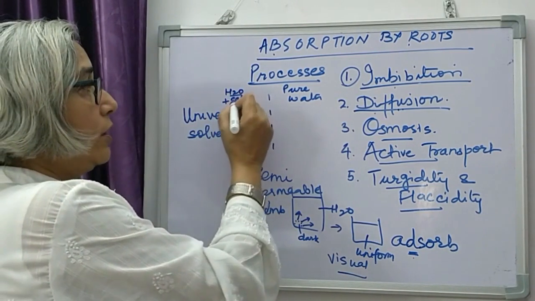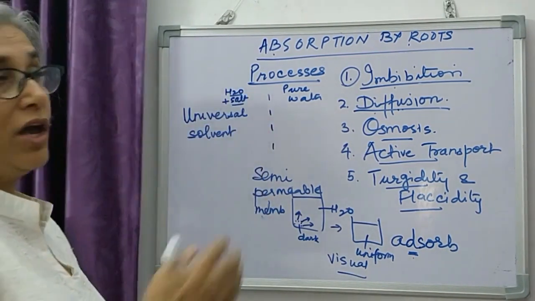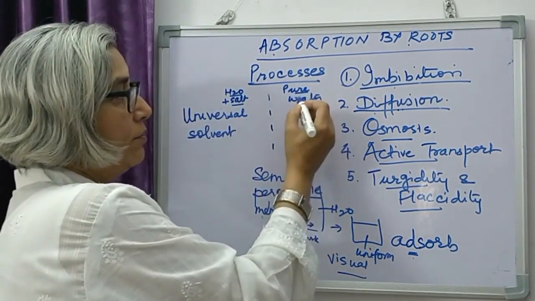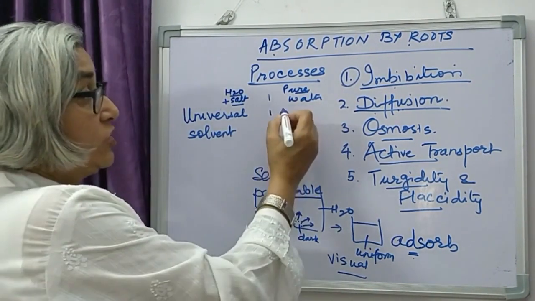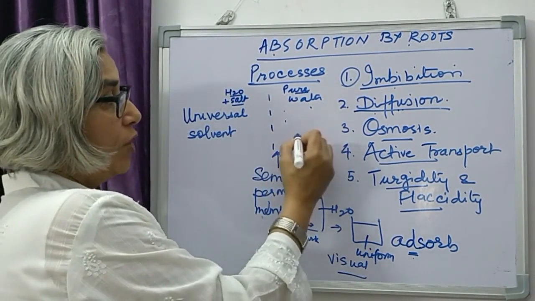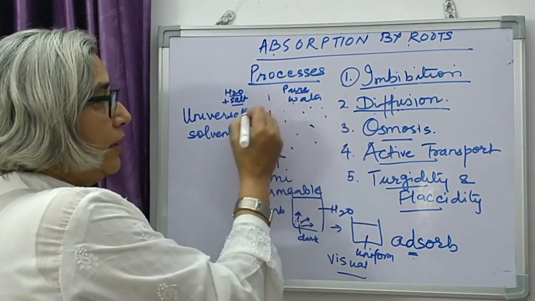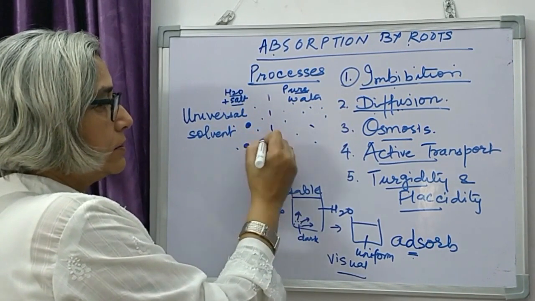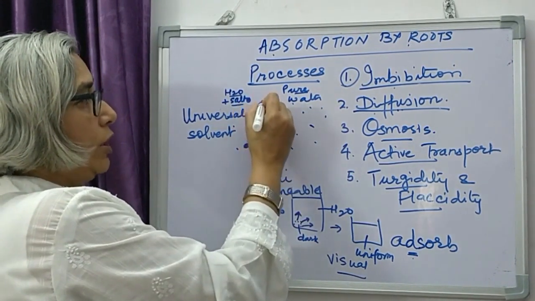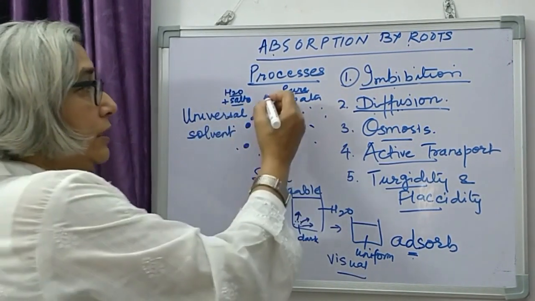So this is water having salt molecules, and on this side of the membrane we have pure water, which means there are a lot of molecules of water this side. There are fewer molecules of water this side, and these dark blue circles are molecules of salt.